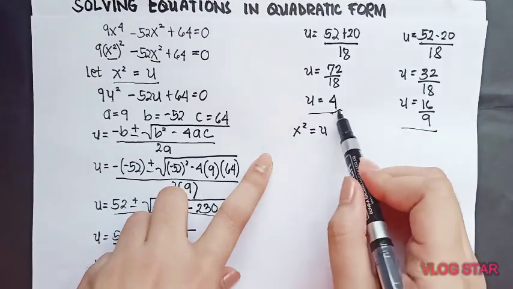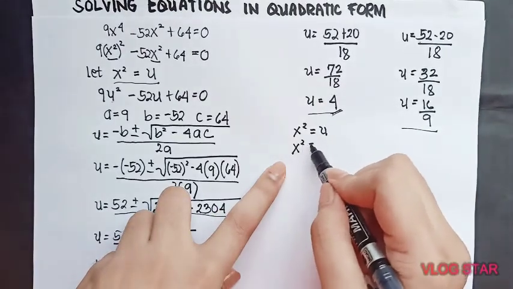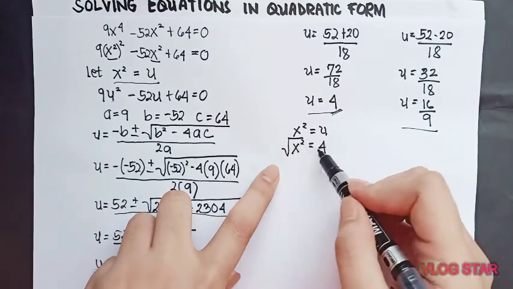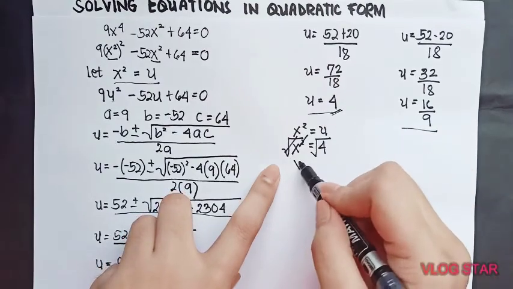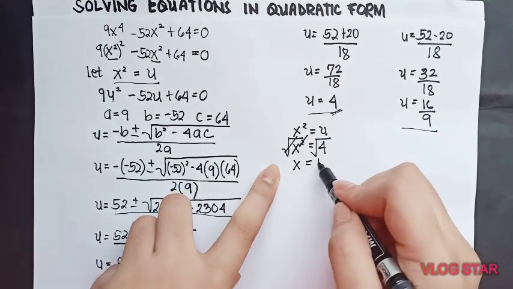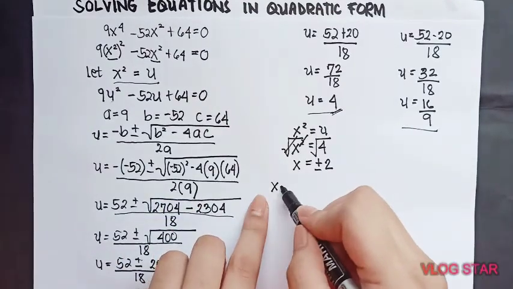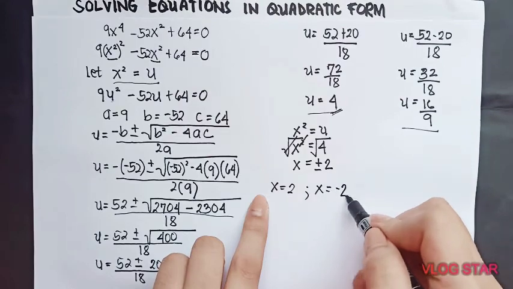Let's try this one first. Substitute 4 for u. So we're going to have x squared equals 4. To eliminate the square, let's get the square root of both sides. So we're going to have x equals the square root of 4, which is positive and negative 2. So we have x equals 2 and x equals negative 2.